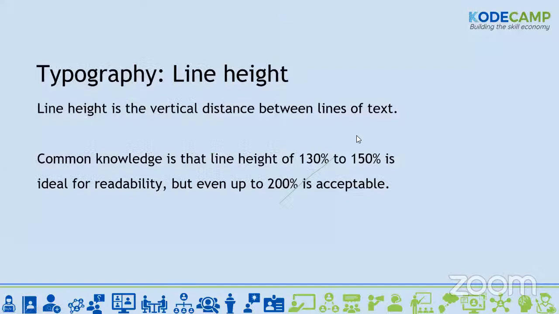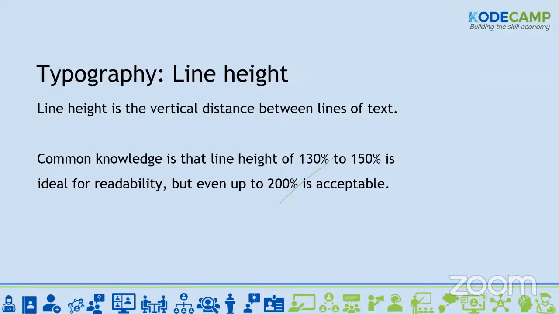Moving on, this is what we call line height. Line height is the vertical distance between lines of text. And these are things you guys are very familiar with. Common knowledge is that line height of 130% to 150% is ideal for readability. I'm sure you've not even seen that feature on Figma.